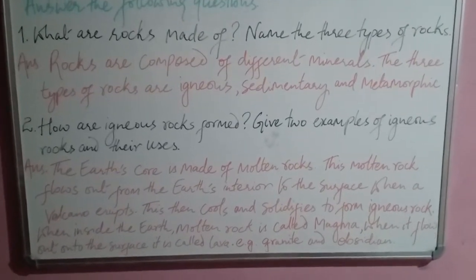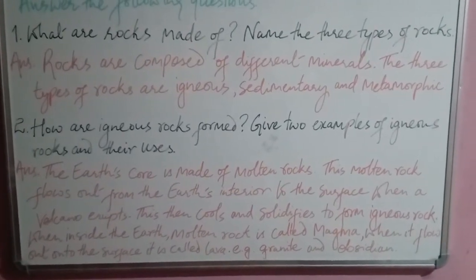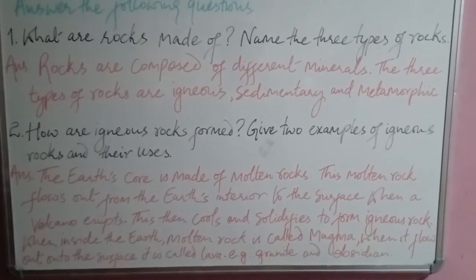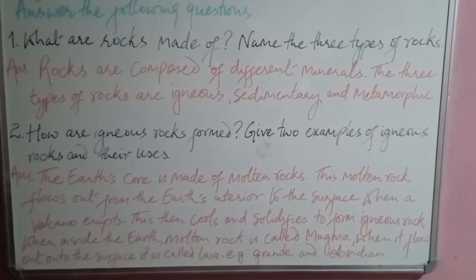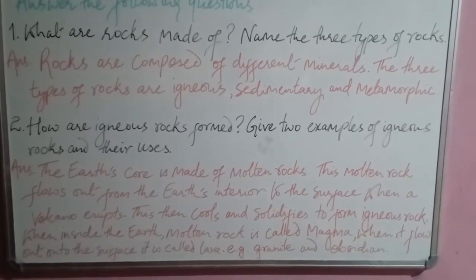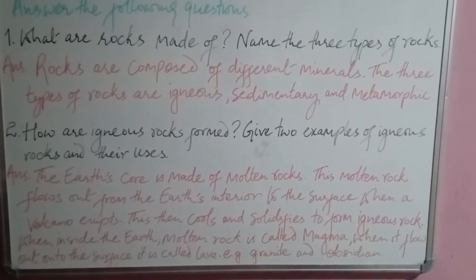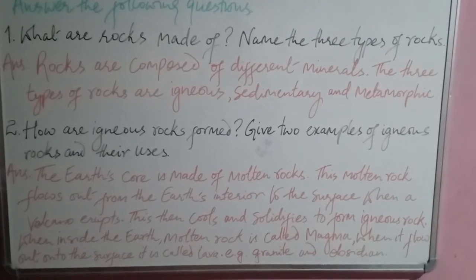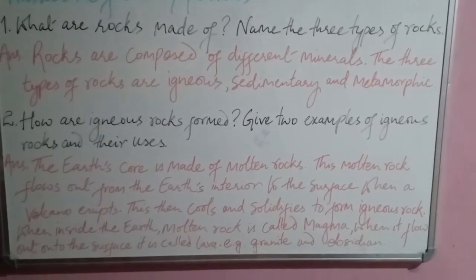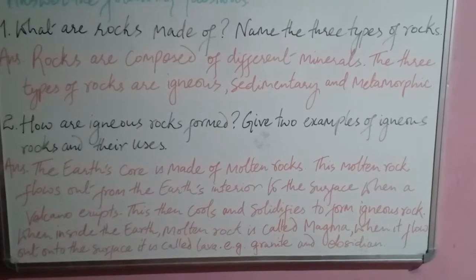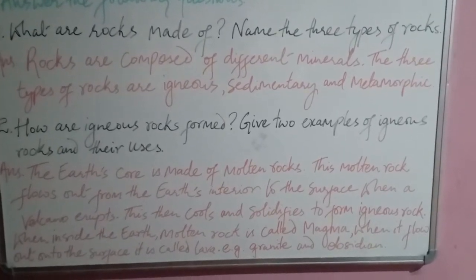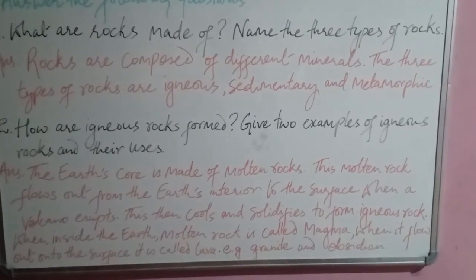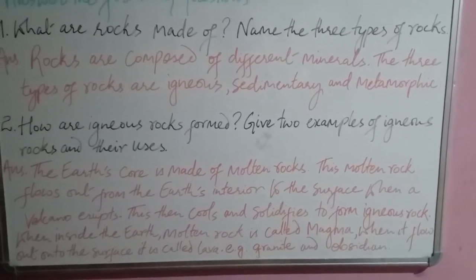So your answer should be like this. The Earth's core is made of molten rocks, full stop. These molten rocks flow out from the Earth's interior to the surface when a volcano erupts, full stop. This then cools and solidifies to form igneous rock, full stop.